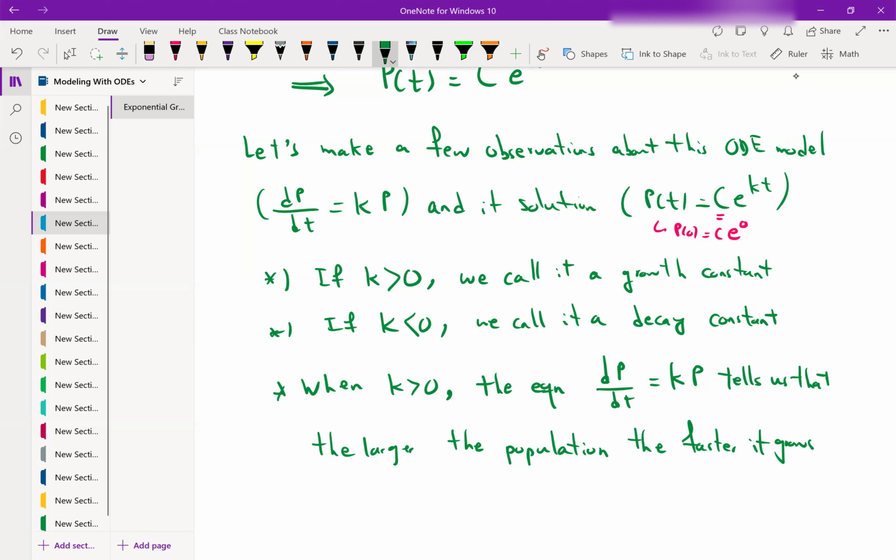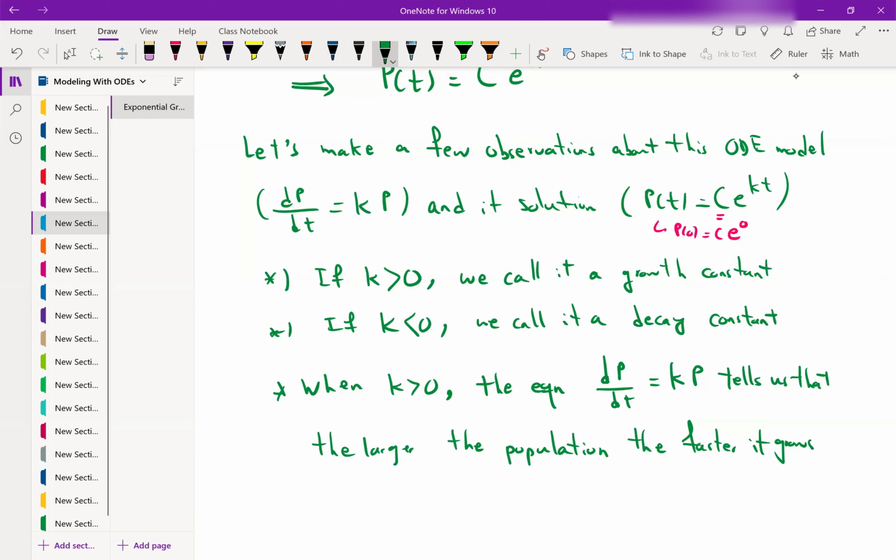Now, this idea that the population is growing exponentially, and the larger the population is, the faster the growth is, it's useful for modeling smaller populations when we are not limited by the environment, by the resources available, like space, energy, food. When there are unlimited resources, yes, the population will grow, maybe exponentially, based on this model.